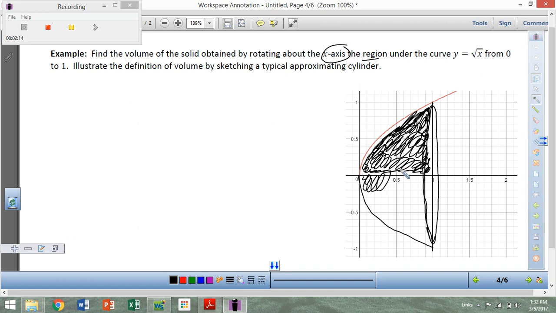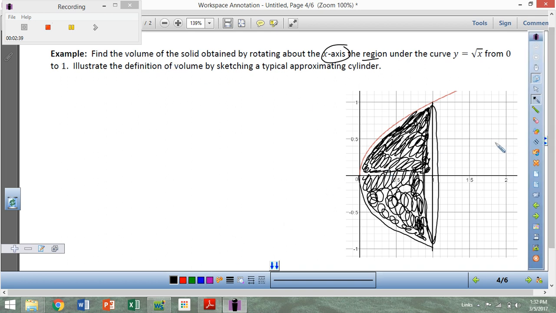I'm going to color this back in. Now this shape would be a completely solid shape. It kind of looks like a gumdrop. And what I want is the volume of this shape.